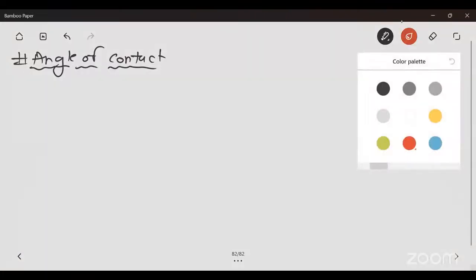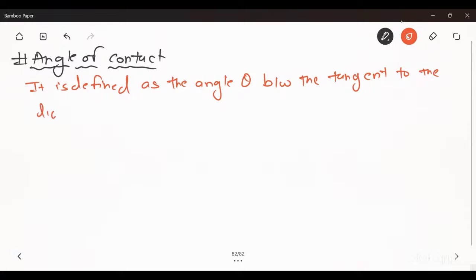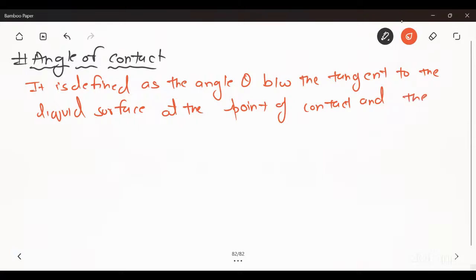It is defined as the angle theta between the tangent to the liquid surface at the point of contact and the solid surface inside the liquid.